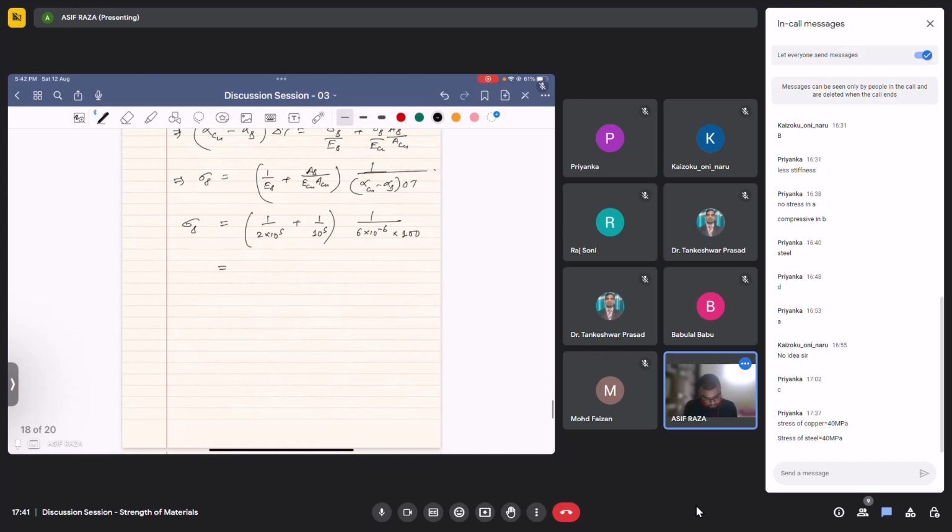Okay, so let's see. This would be 1 by 2 plus 1, so that would be equal to 3 by 2. So 3 by 2 into 10 to the power 5 times, if I take this in the numerator, 6 into 10 to the power minus 4, and 0.025.